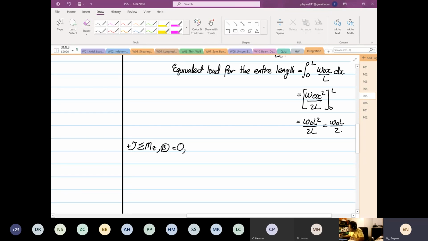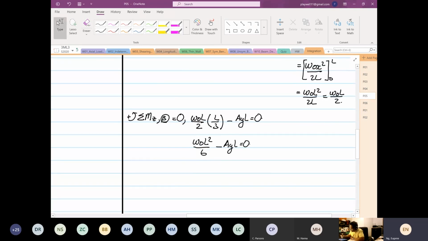We know omega naught L divided by 2 multiplied by L over 3 is going clockwise at point B, and AY times L is going anti-clockwise. So you have omega naught L squared over 6 minus AY times L equal to 0. We found that AY is equal to omega naught L divided by 6.